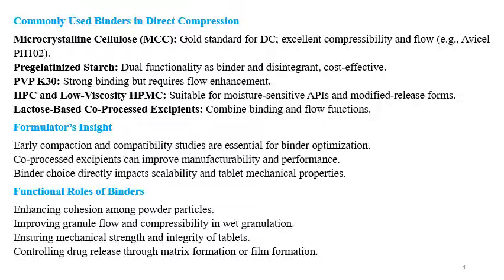Then HPC and low viscosity HPMC grades are used. Lactose-based co-processed excipients are used, like lactose co-processed and combined with MCC and starch. We need to do early compaction studies and study compatibility for selection of the binders. Co-processed excipients can be used to improve the performance.